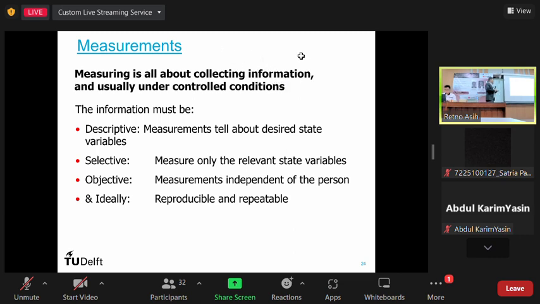You need to select what you want to monitor. What are the data that you are going to collect? You need to be objective. It has to be independent from the person collecting the data. And ideally, you need to make it reproducible and repeatable. So you're collecting data that are reliable, reproducible, and you can trust them.